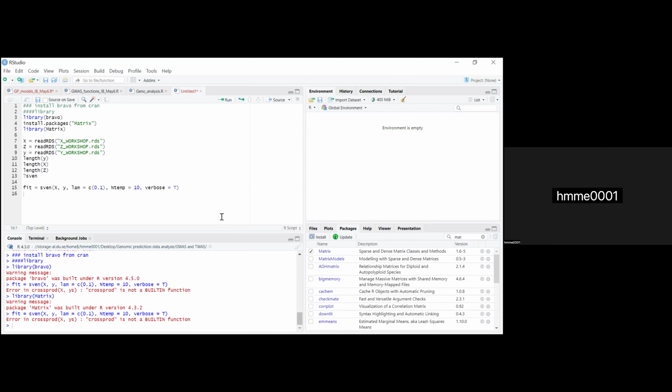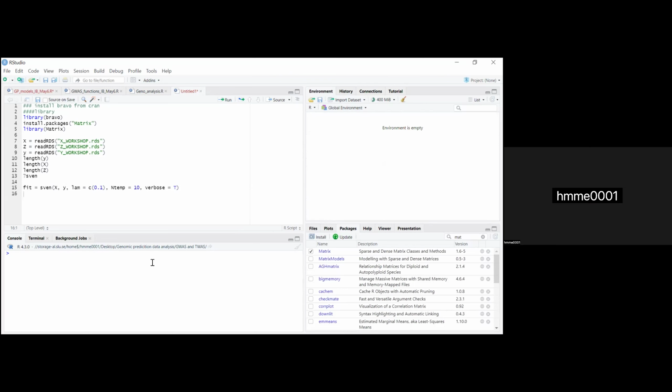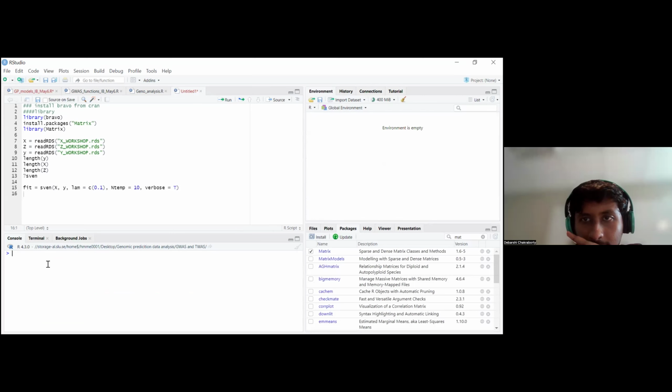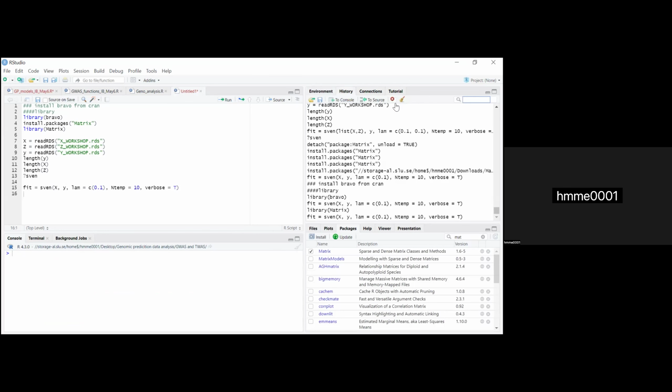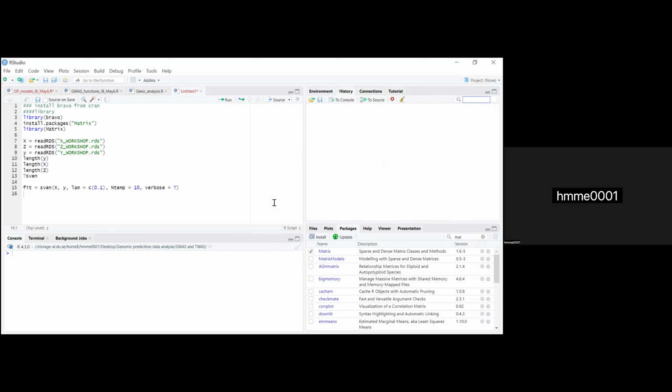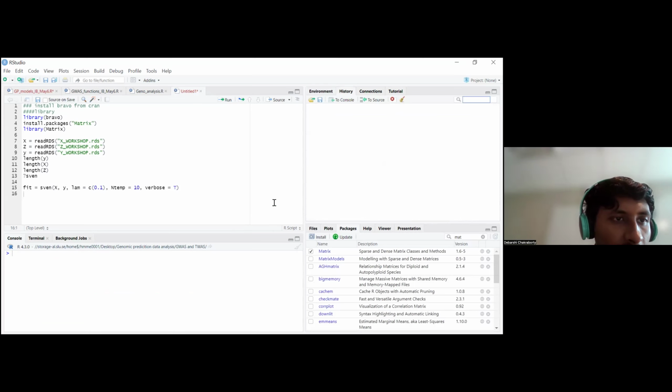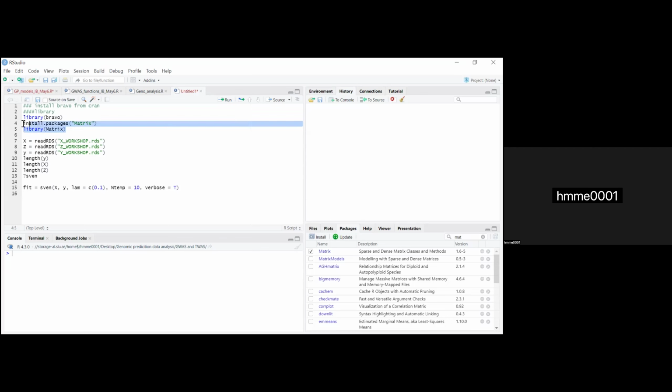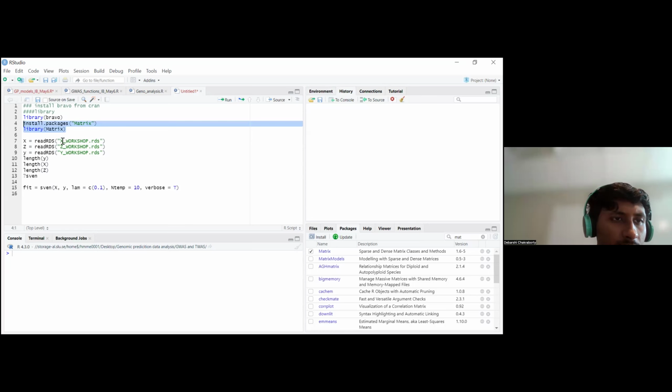That will completely refresh your system. Okay, just do that. And now you can comment out the library Matrix and install.packages Matrix, like lines 4 and 5. Yeah, you can just comment them out.